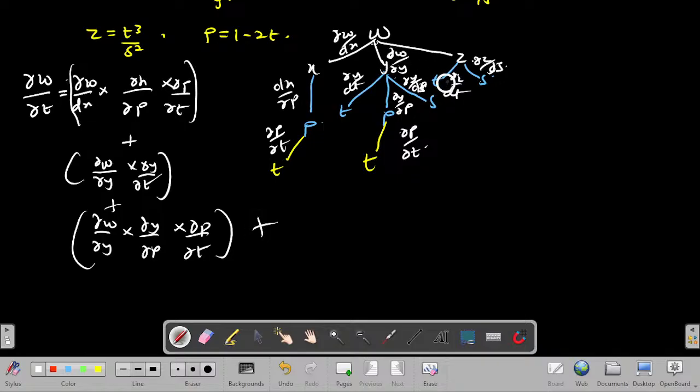Plus, we can get t here. There is another t here. So we move from w to z, then z to t. So I have plus the partial of w over z times the partial of z over t. And that is all. So this plus this plus this plus this will give us the partial of w with respect to t.